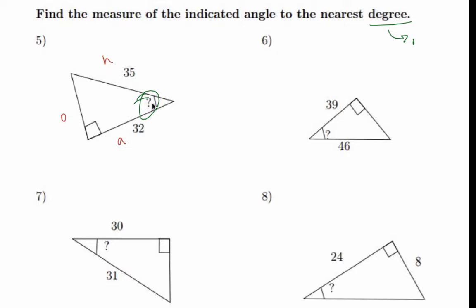If I have adjacent and hypotenuse, to find an angle, the cosine of question mark is equal to adjacent over hypotenuse, 32 over 35. And so, to find this angle, I'm going to use inverse cosine. Okay, and it says to round to the nearest degree, and you get 24 degrees. I'm going to put about here.